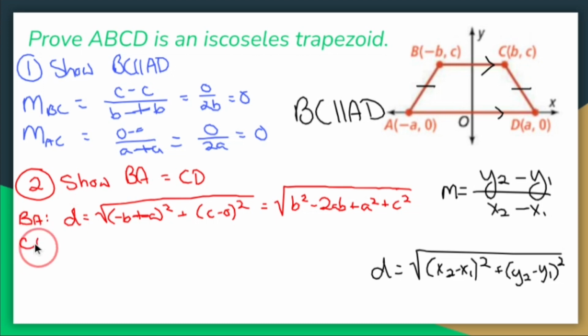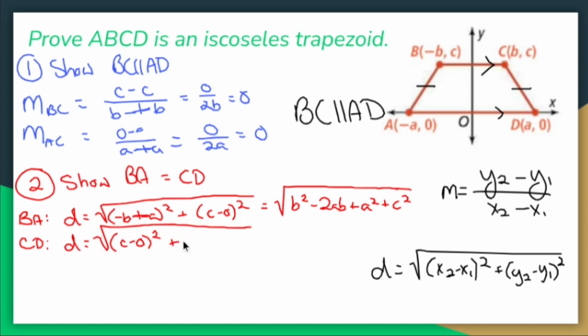Let's keep that red going. CD, the distance for that, big square root again. I'm going to let C be my 2's, D be my 1's. That is going to be c minus 0 squared. Oh, I did it backwards, didn't I? Doesn't really matter.